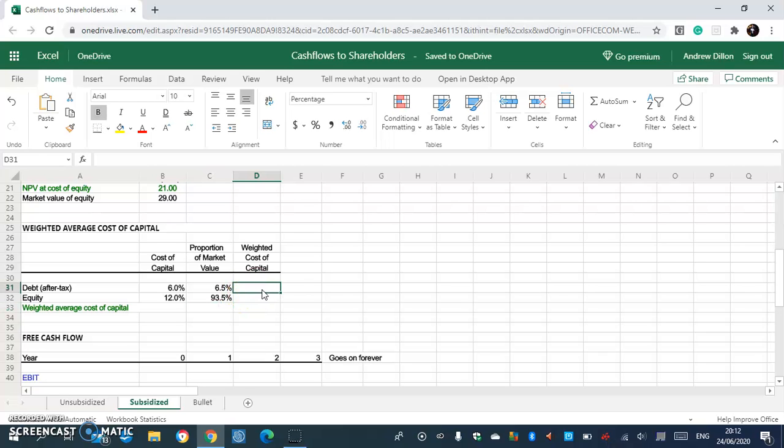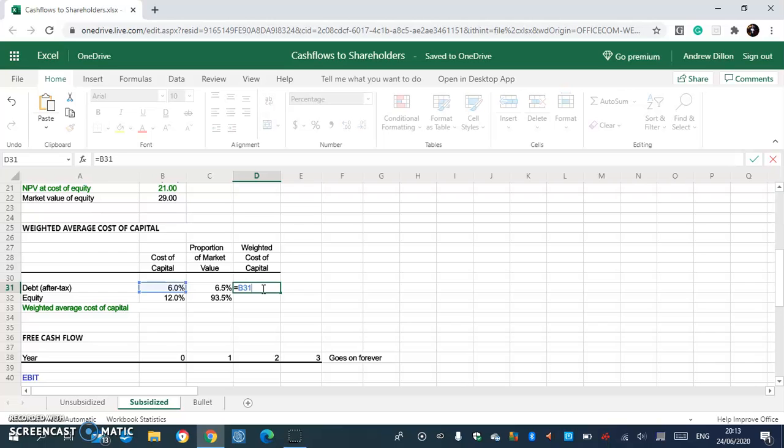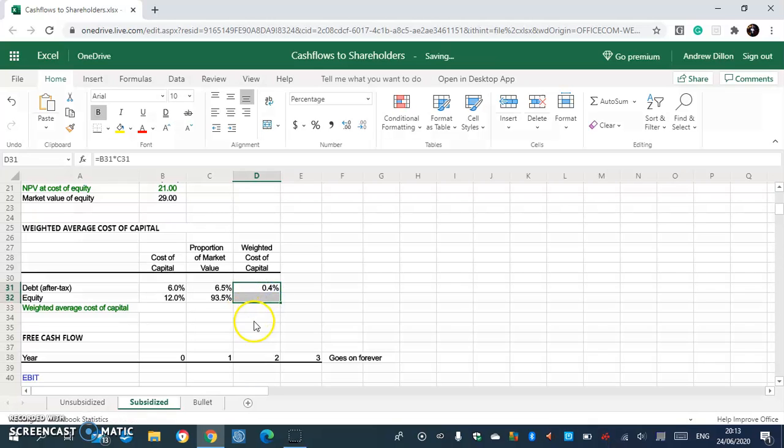Okay, now let's calculate the weighted cost of capital. Now let's find the answer for the weighted average cost of capital.